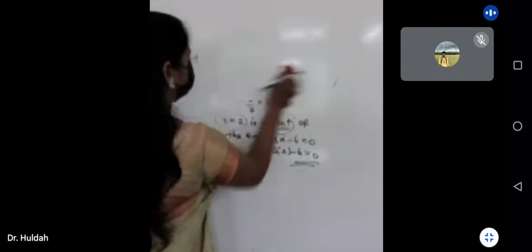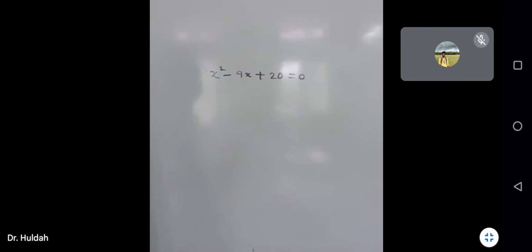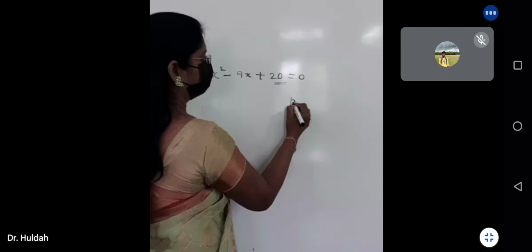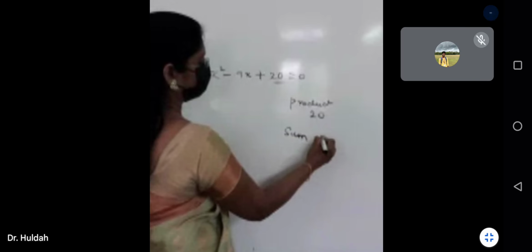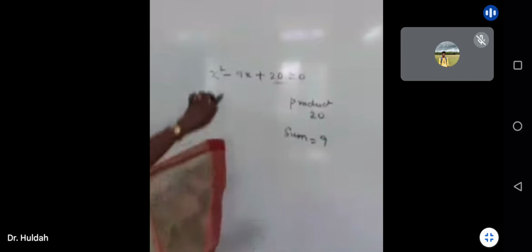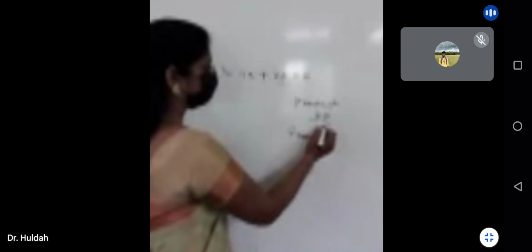Then let me put you about a quadratic. Let's take a quadratic, x squared minus 9x plus 20 equal to 0. Then the product is 20 and the sum is 9. I want to divide it into such factors. What are the possibilities?